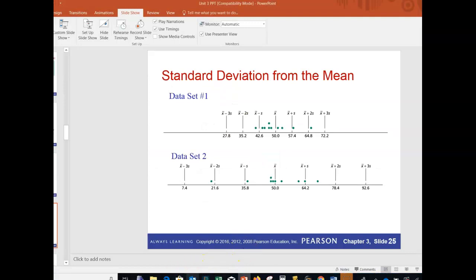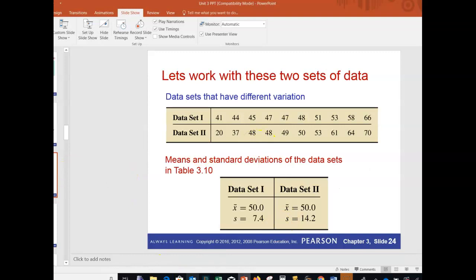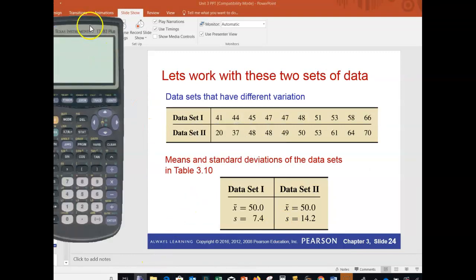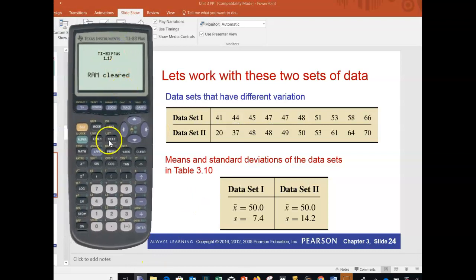So if you take out your calculators, I'm going to go back to this slide right here and show you how you can find the standard deviation of these data points using your calculator. We're going to start by going to Stat, and I'm going to click on Edit.